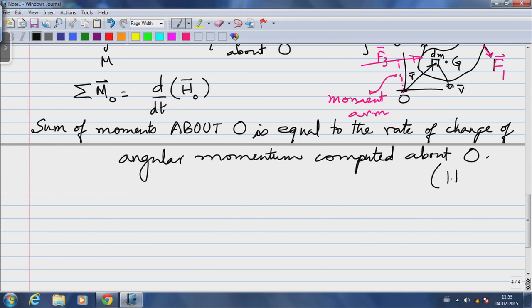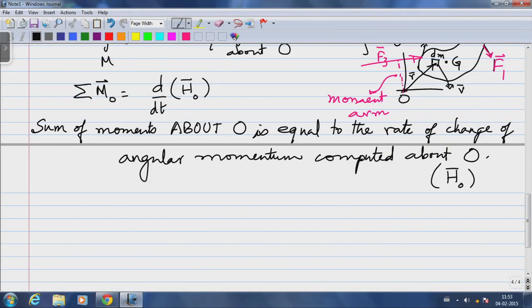So, this second part is what we are referring to as H O, and the moment is computed about O. So, unlike angular velocity, moment is a vector, but it is constrained to an axis. So, a moment is calculated about an axis.